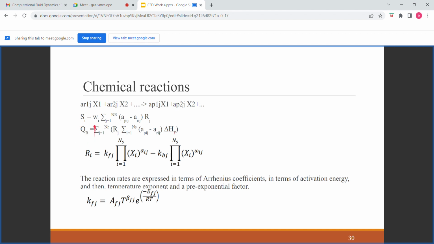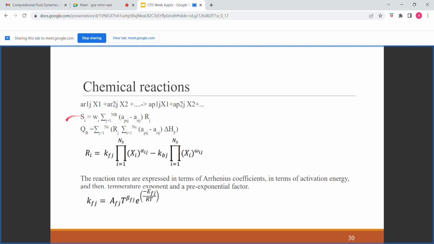Another term that we kept for consideration is QR, where QR is given by the stoichiometric coefficients of the products minus the stoichiometric coefficients of the reactants, multiplied by the heat of formation of that species i, multiplied by Rj, that is the rate of reaction.